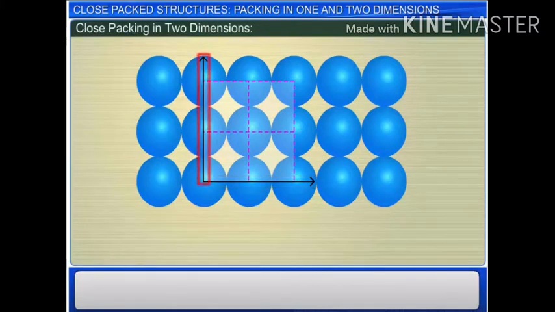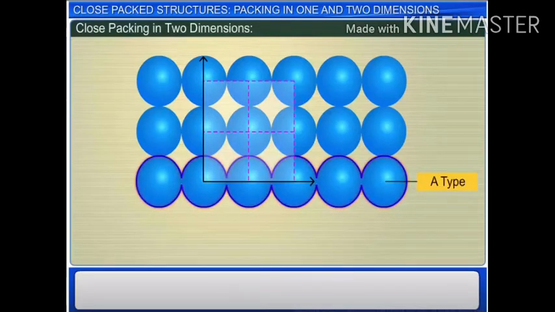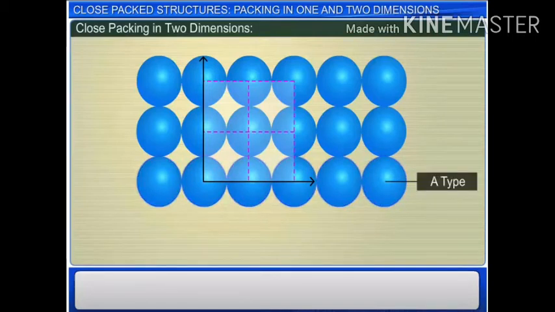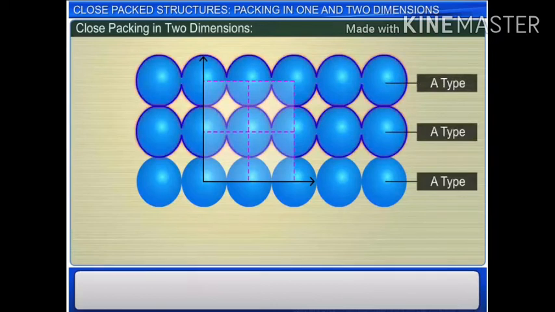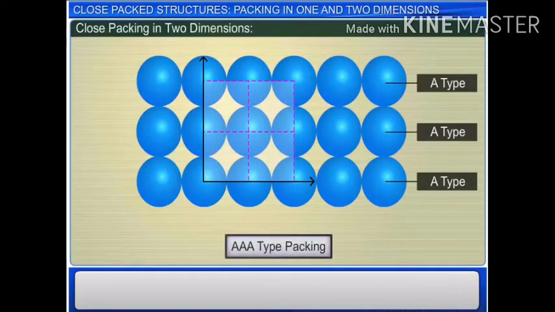If the arrangement of the spheres in the first row is said to be of A type, then the arrangement of the spheres in the successive rows is also of A type. The packing thus obtained is called AAA type packing.